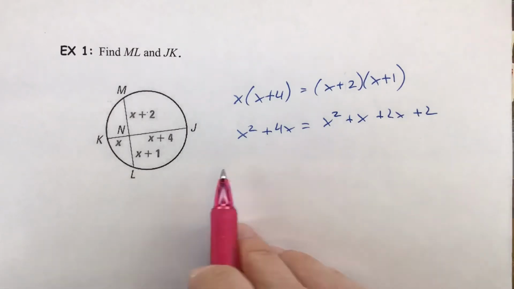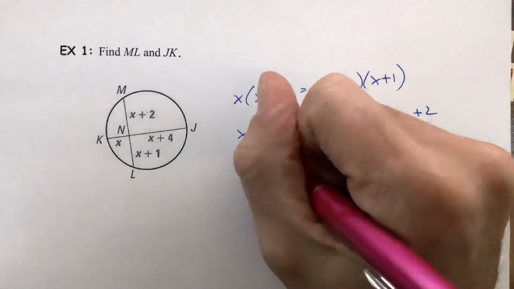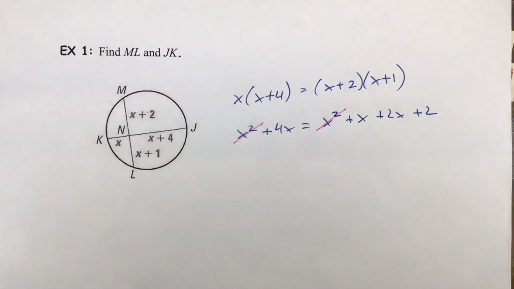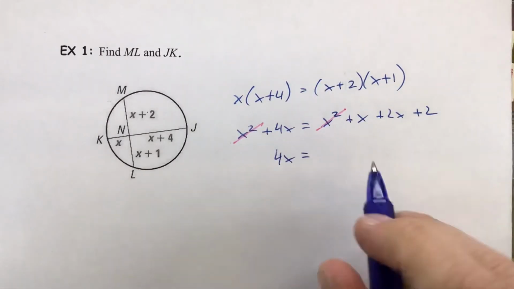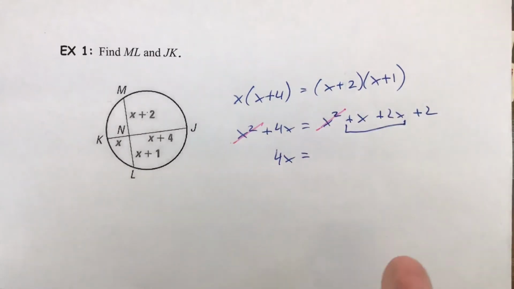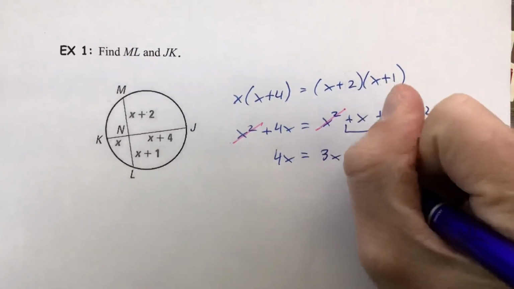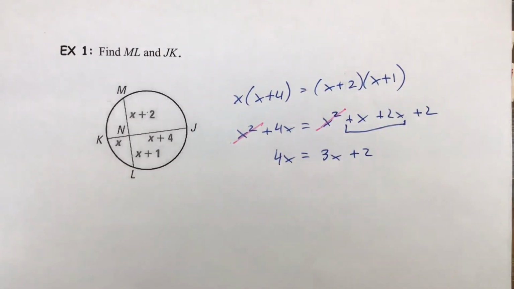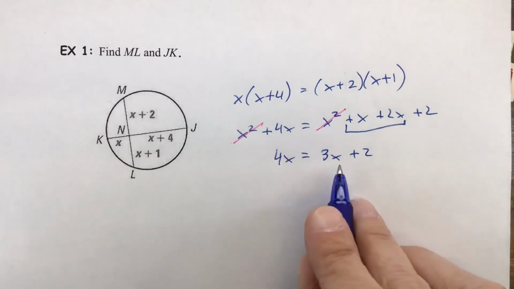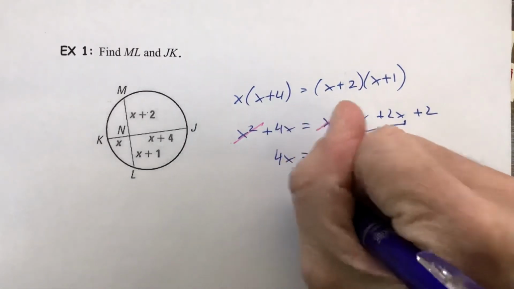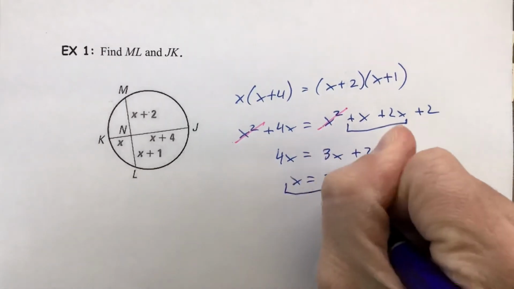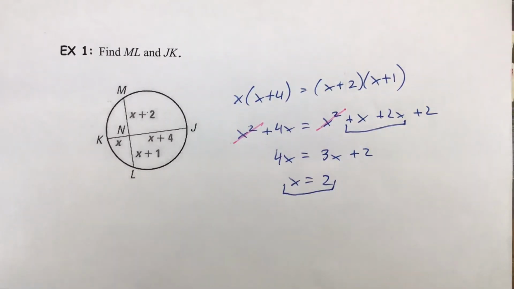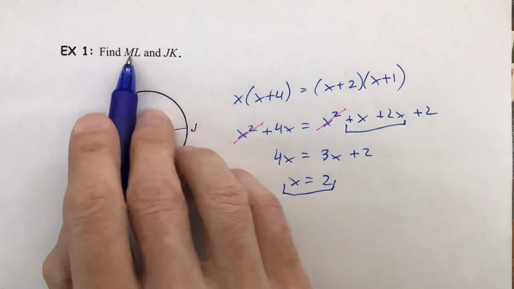Both sides of the equation have an X squared, which we can cancel out by subtracting the X squared from both sides. We then have 4X equal to 3X plus 2. Subtract the 3X, and X is equal to 2.